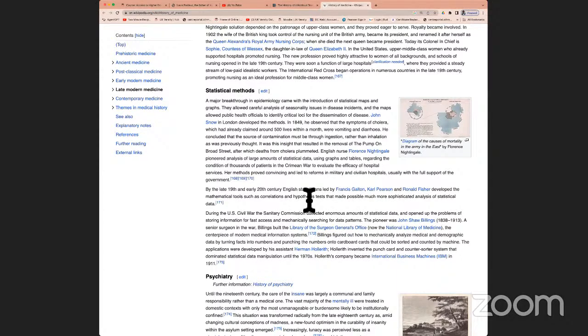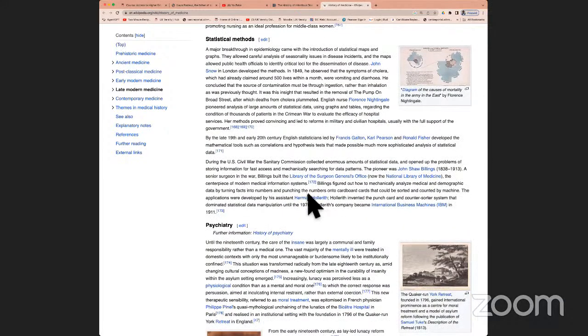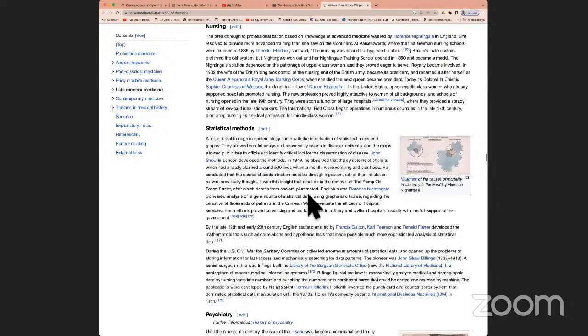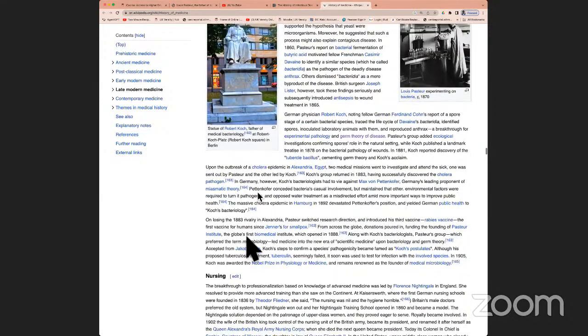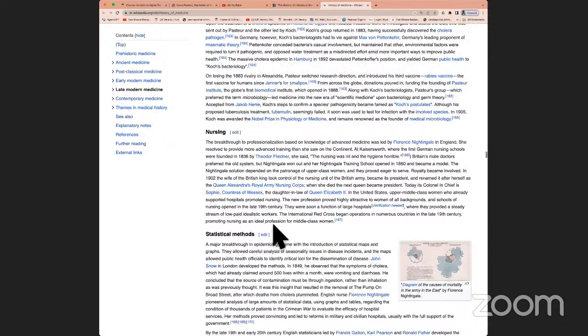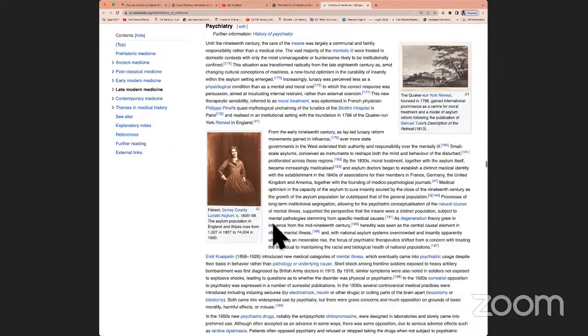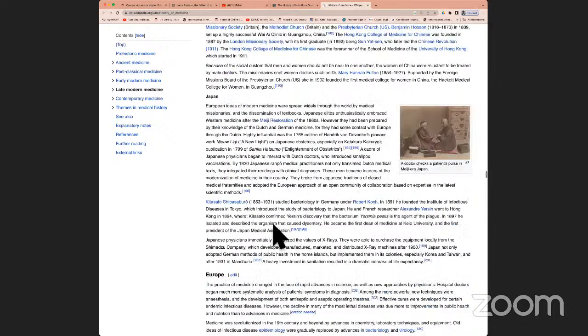Now, in the modern age, we've seen COVID-19 as a pandemic, and how this has led to the rise of other professions very closely related to medicine, like nursing, statistical methods, and psychiatry in general. These would also be covered in this particular article.